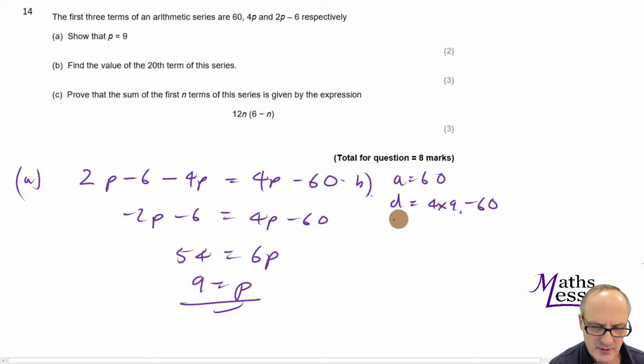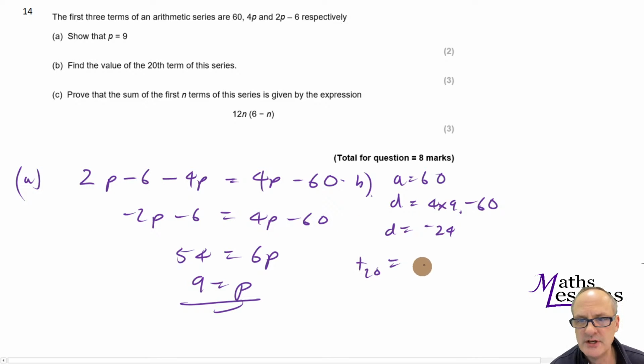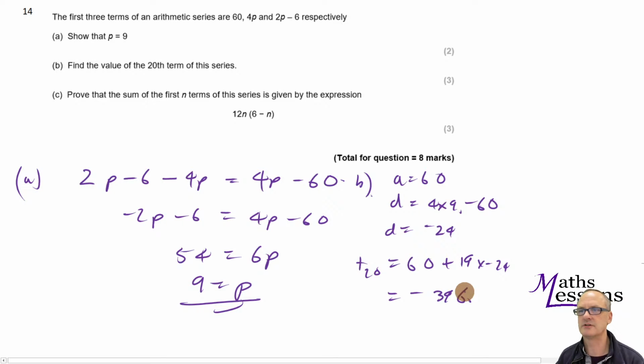I'm getting confused by my own working. So therefore d equals minus 24. Lovely. So the 20th term, T20, will equal the first term plus n minus 1 lots of the common difference. And so we're going to get 60 plus 19 times minus 24. And that all comes out to be minus 396. Sorry, I'm just trying to second guess my answers from earlier.